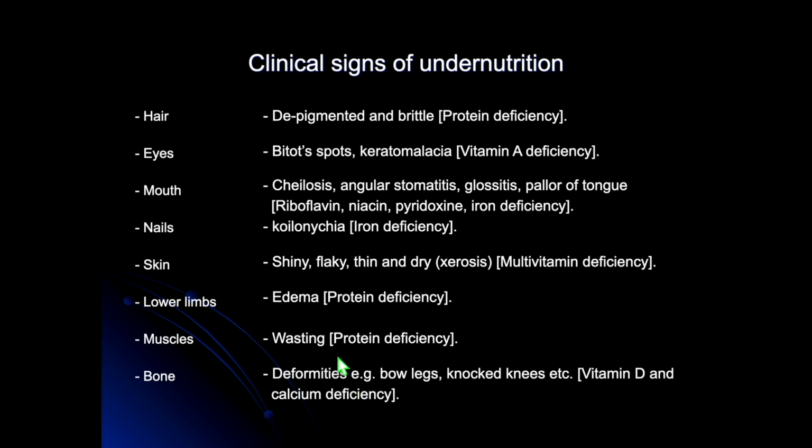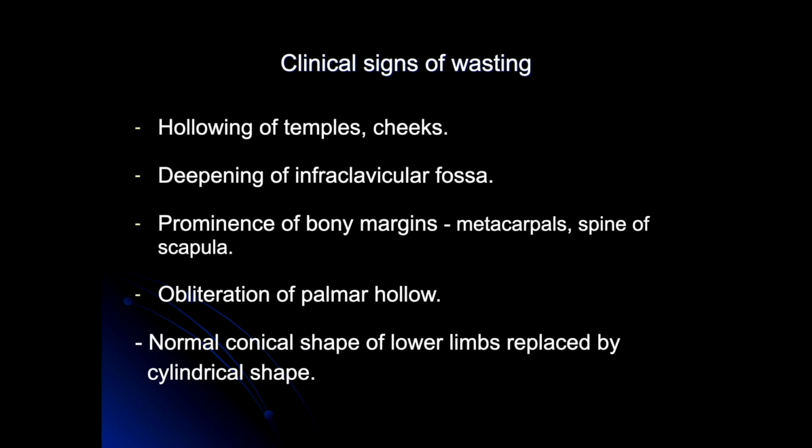What are the clinical signs specifically of wasting? Hollowing of temples and cheeks, deepening of infraclavicular fossa, prominence of bony margins like metacarpals, spine of the scapula, obliteration of palmar hollow, and normal conical shape of lower limbs replaced by cylindrical shape.